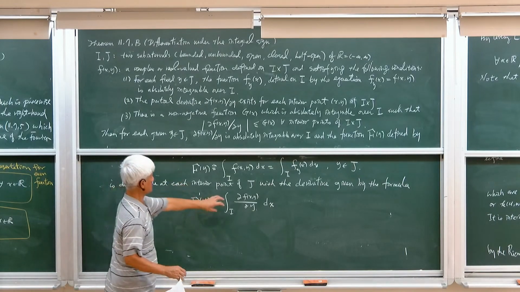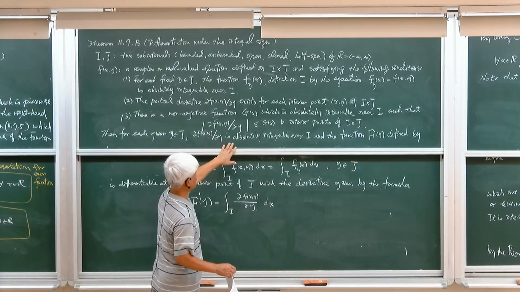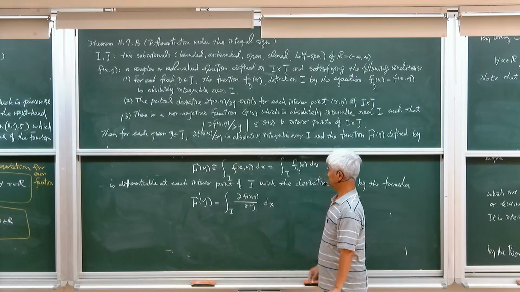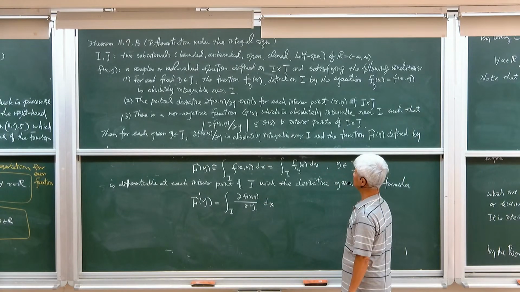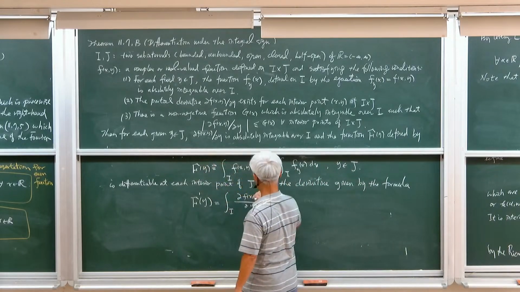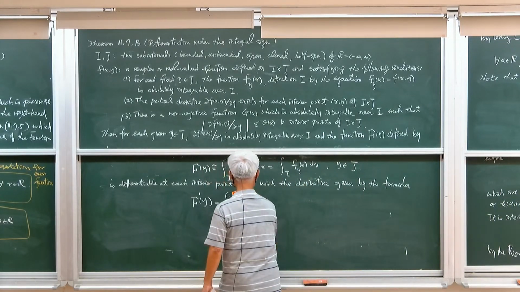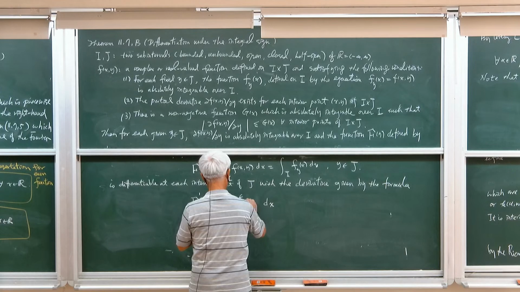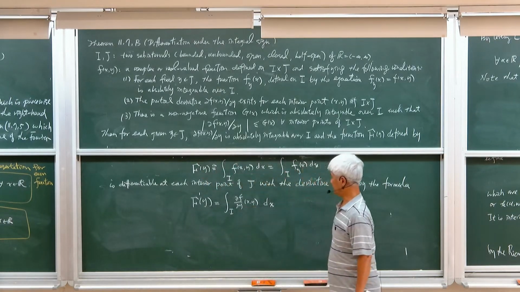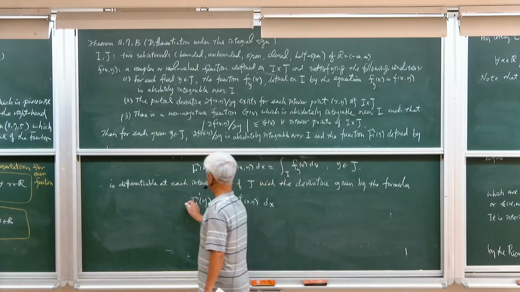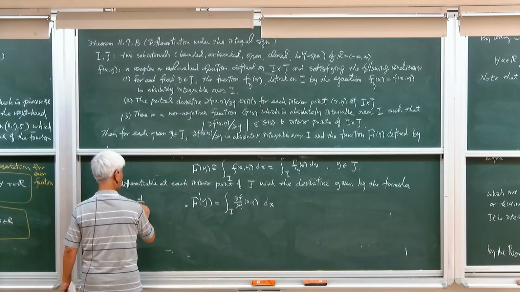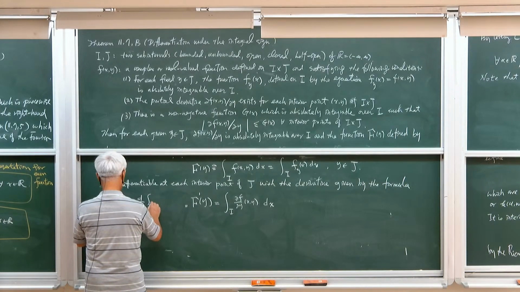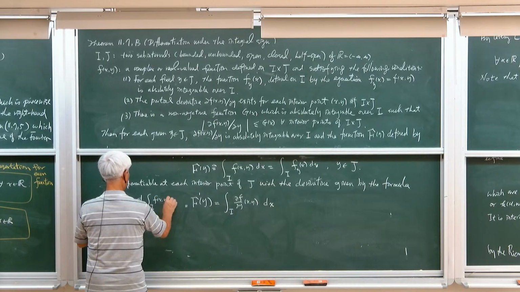Because we say that this partial derivative is absolutely integrable over I, for given y. So the derivative d/dy of the integral over I of f of x, y dx.